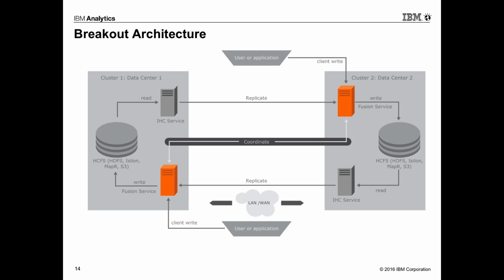As it writes, the IHC server reads that data and streams it over to the remote cluster, to the Fusion server, which then writes to the local storage infrastructure on that remote cluster.